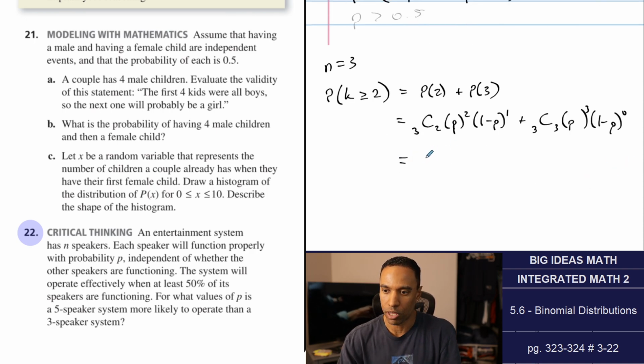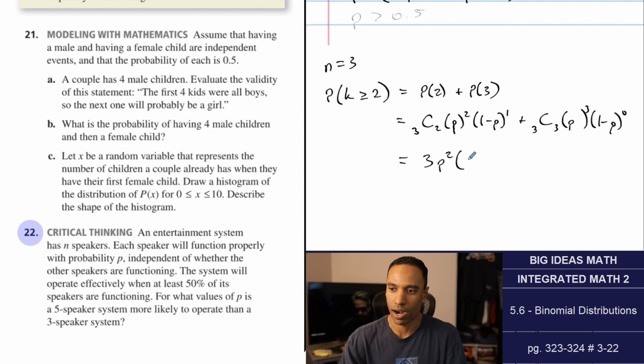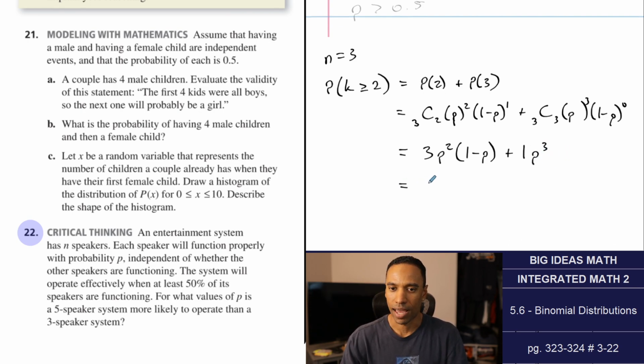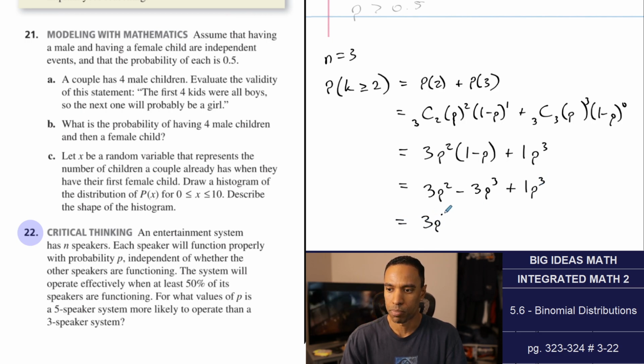So let's expand that. 3 choose 2 will be 3. That's 3p squared times 1 minus p, plus 3 choose 3 is 1, that's 1p cubed. So distribute that. I get 3p squared minus 3p cubed plus 1p cubed, which is 3p squared minus 2p cubed.